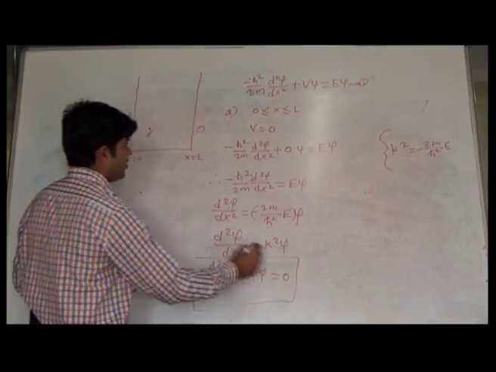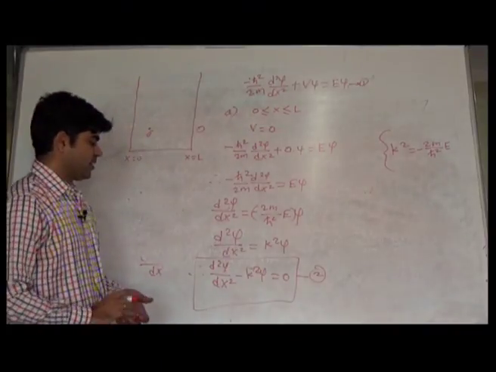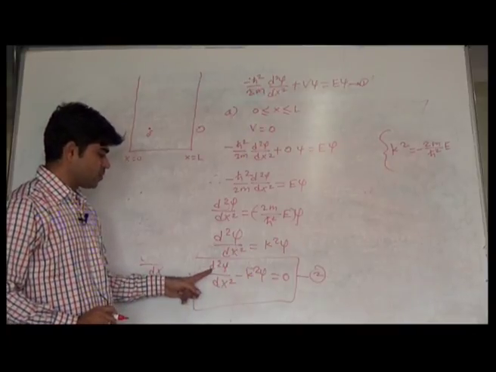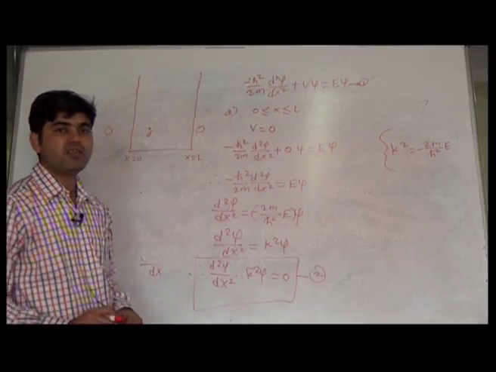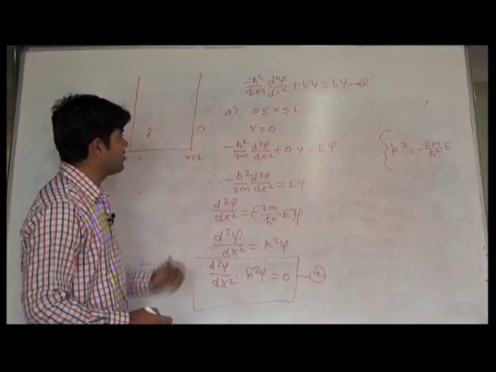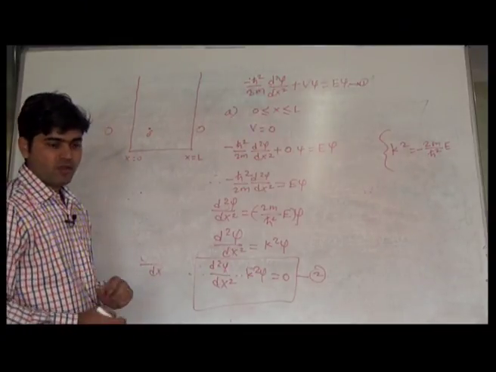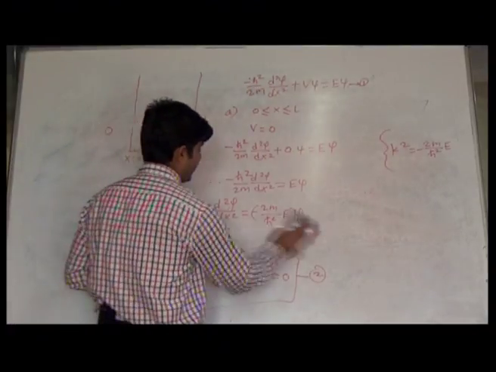Equation number 2. See, in this equation, psi is a function of x. The first part is a derivative, the second is as it is, equal to 0, which means this is nothing but a differential equation. So, by considering the first boundary condition, we can write this equation.